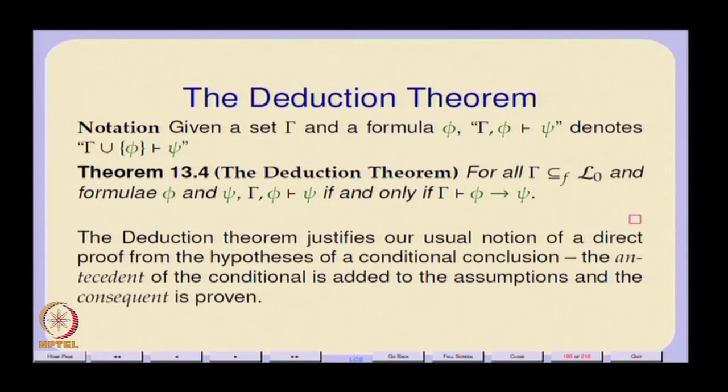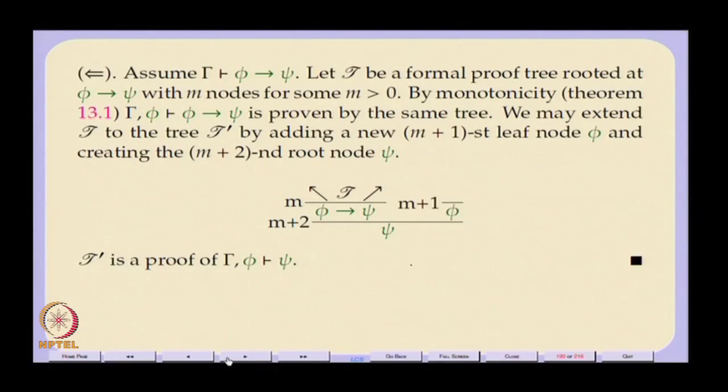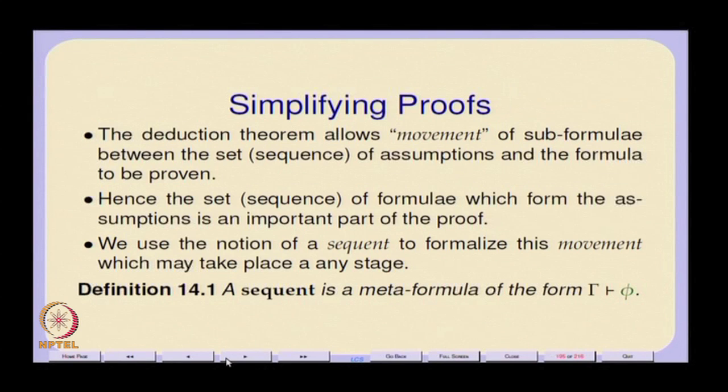So, it means that you can also move assumptions onto the provability side, and therefore, you have a two-way characterization. Okay, and we did this proof which is fairly complicated, at least for the forward rule.